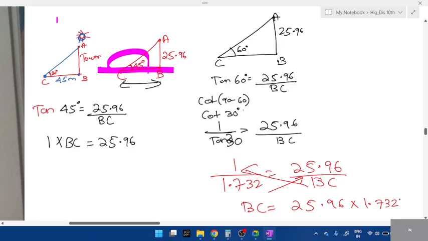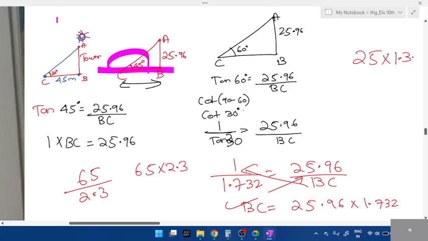So remember this, multiplication of decimals is easy, students. Look here: if I write 65 divided by 2.3 or 65 into 2.3, which one is easy, division or multiplication? Multiplication is always easy. So this is how you convert. Can you see now we have multiplication, right? But you won't get exactly this, you'll get a smaller value. For example, you'll get 25 into 1.3 like this. Did you understand how to convert and solve? All of you?